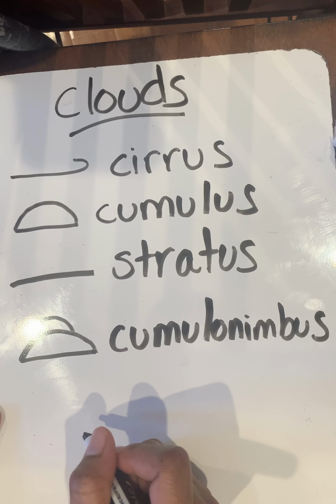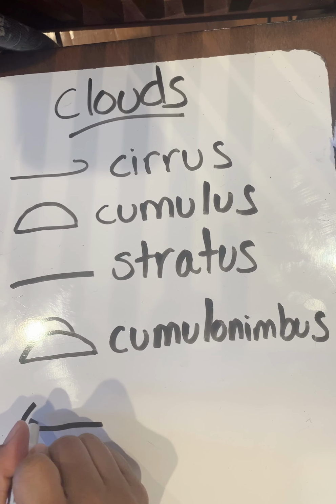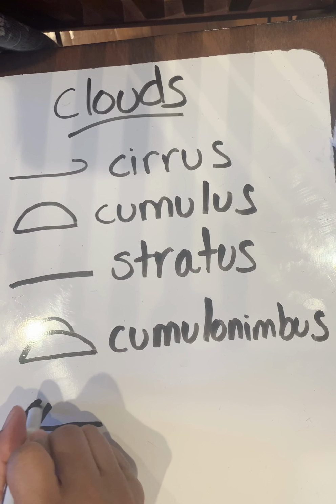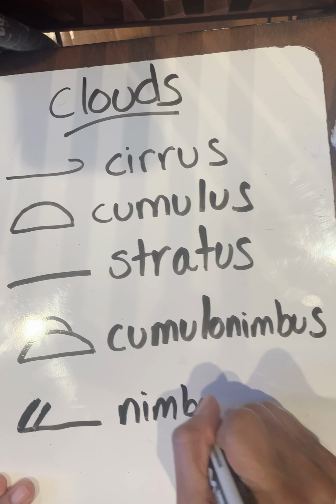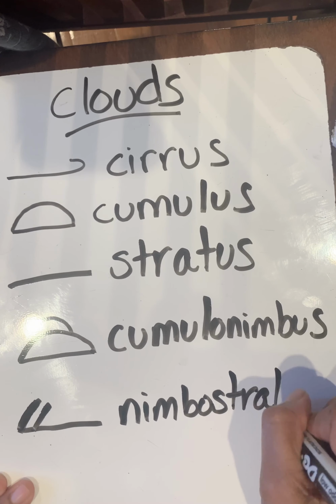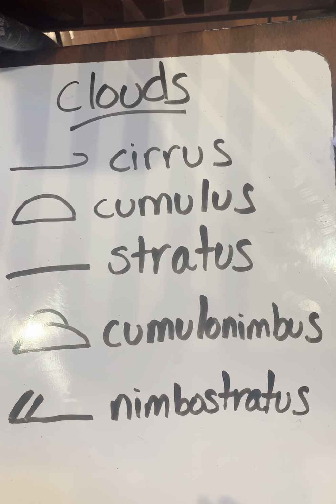Nimbostratus cloud. Kind of looks like the wind speed, but everything has a specific place in that circle and that coverage.